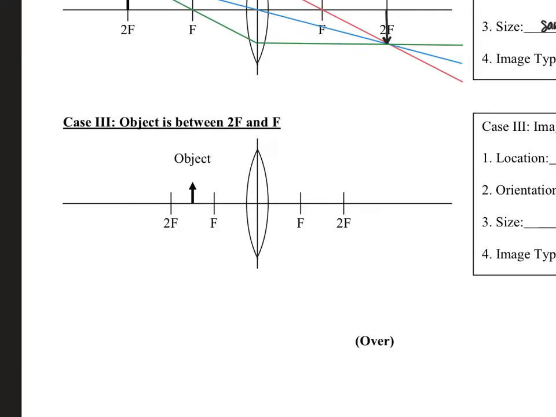Let's move on. So our first ray here starts parallel. Let me fix this for a second. Starts there, parallel. Okay, then it refracts through F on the other side. So let's do that. And again, I need to fix this.